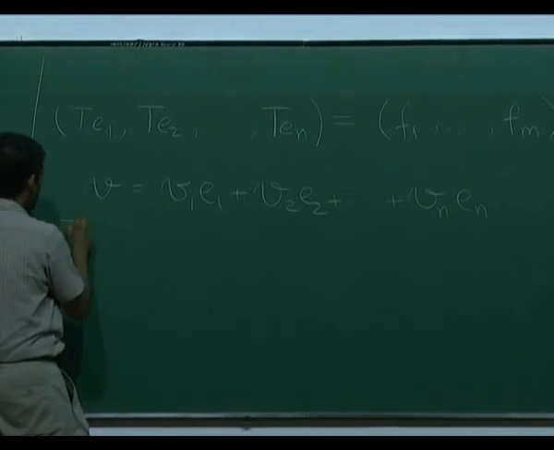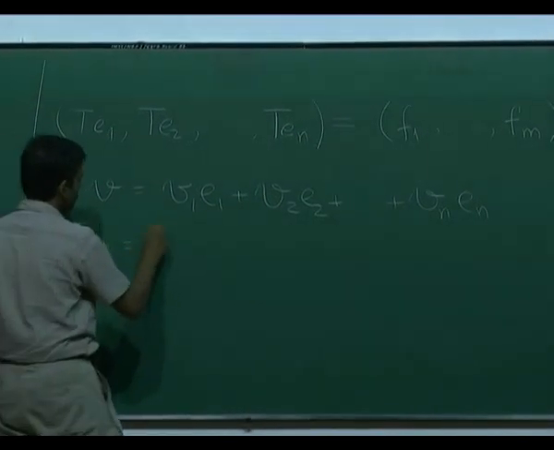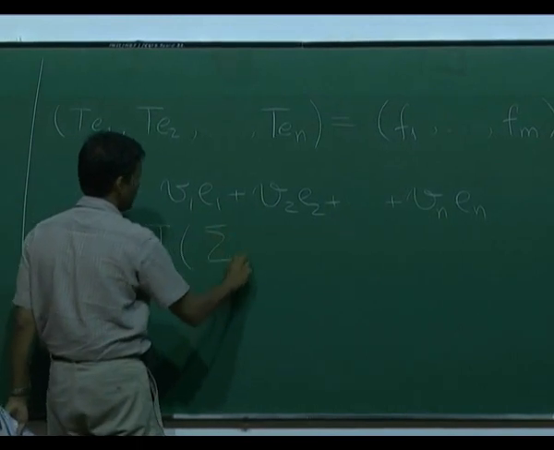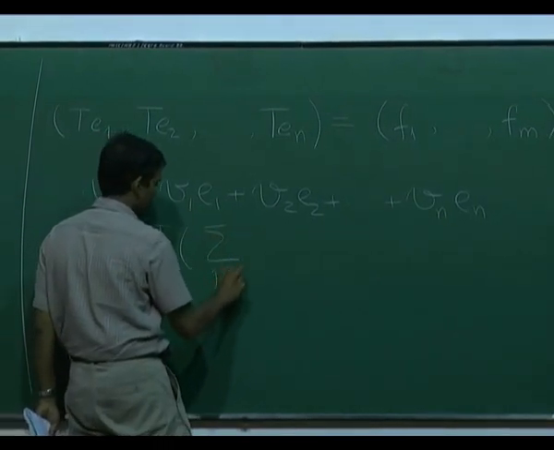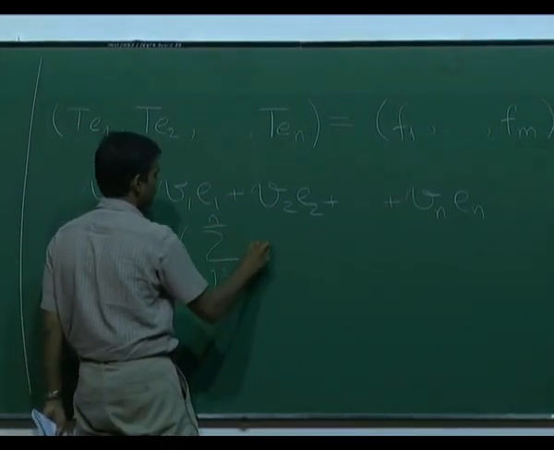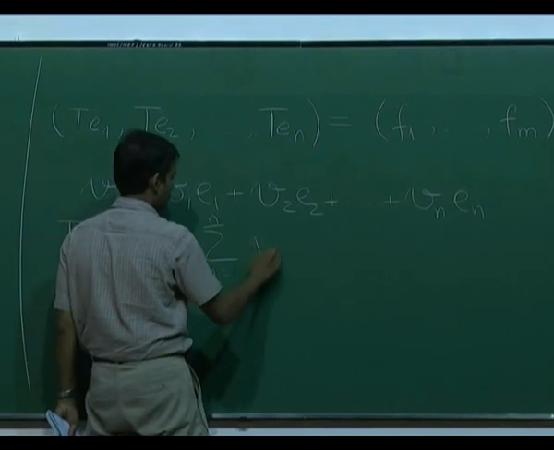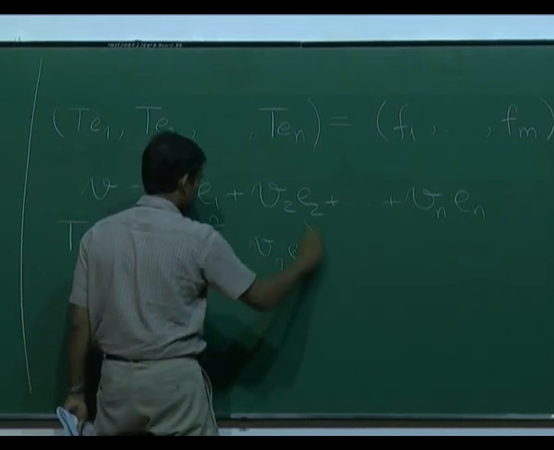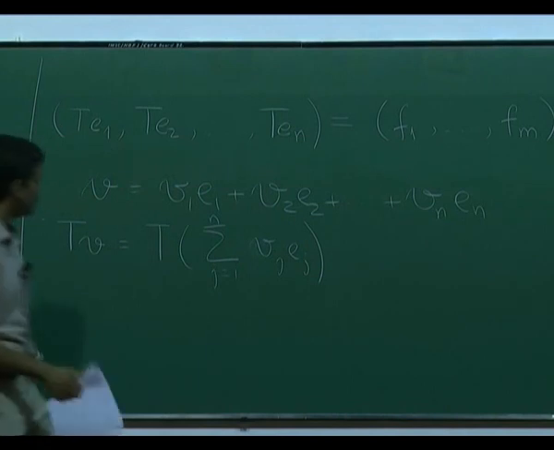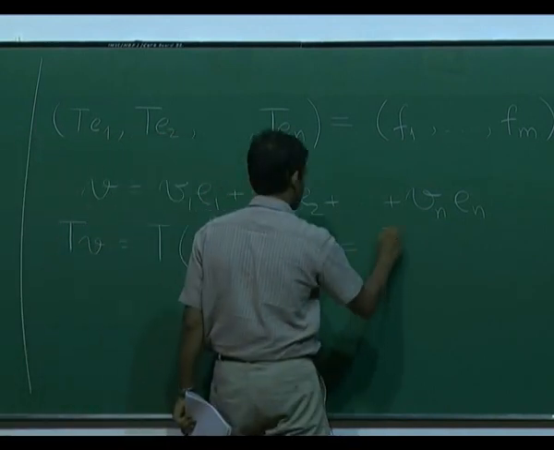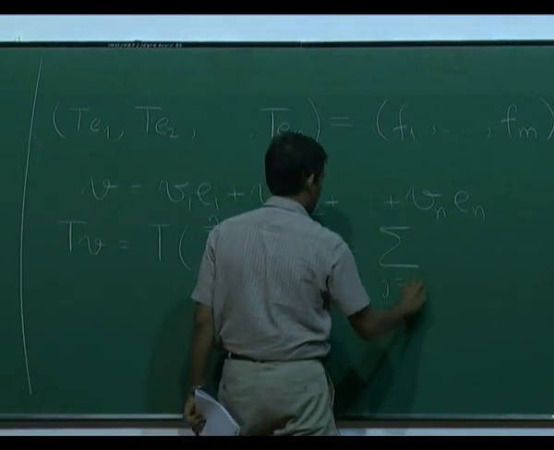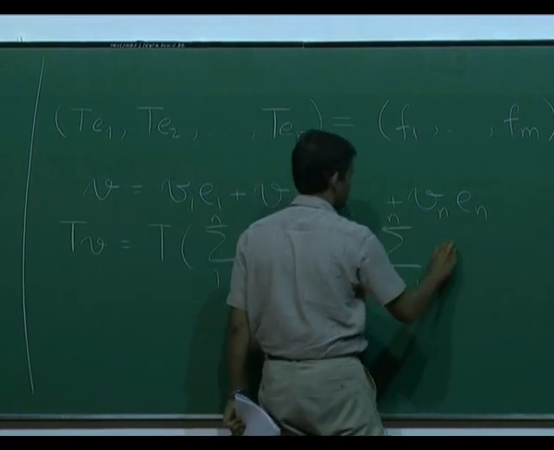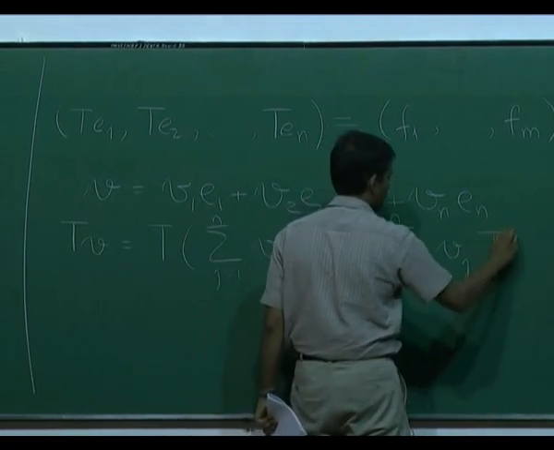So Tv is T of the summation, j from 1 to n, of vj ej. Because of linearity we can write this as the summation, j from 1 to n, of vj T of ej.